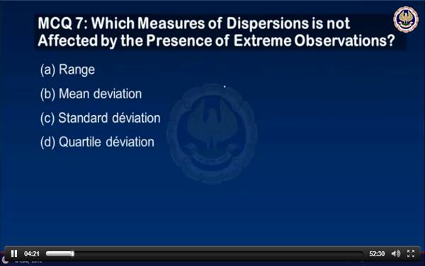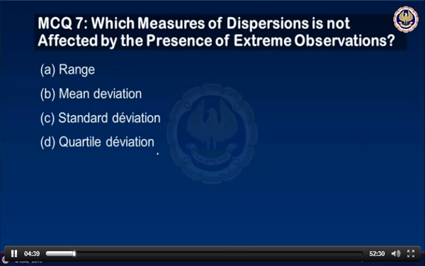Question number 7. Which measure of dispersion is not affected by the presence of extreme observations? A. Range, B. Mean deviation, C. Standard deviation, D. Quartile deviation.